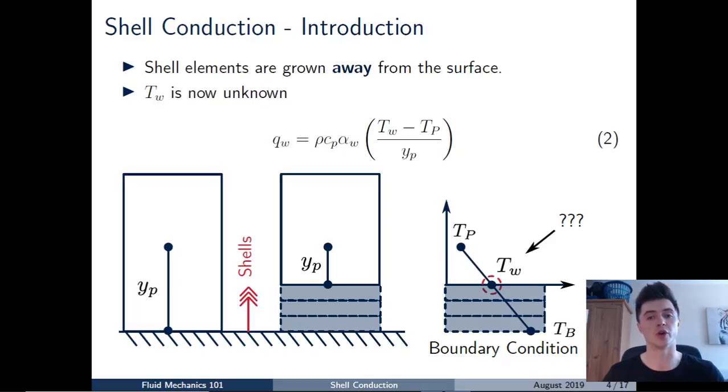That's what a lot of the mathematics and explanations I'm going to give you revolve around: how do we work out what Tw is? Because once we know what Tw is, we can use equation 2 there to calculate the wall heat flux and use the same treatment as we would for a normal fluid cell without any shell conduction.